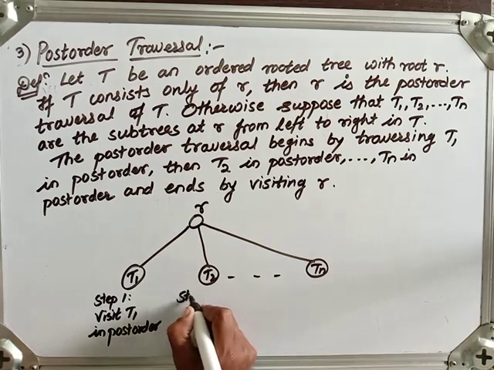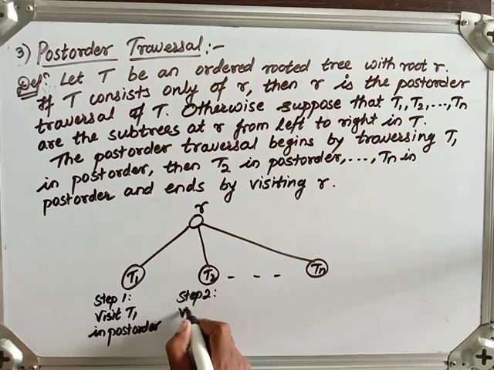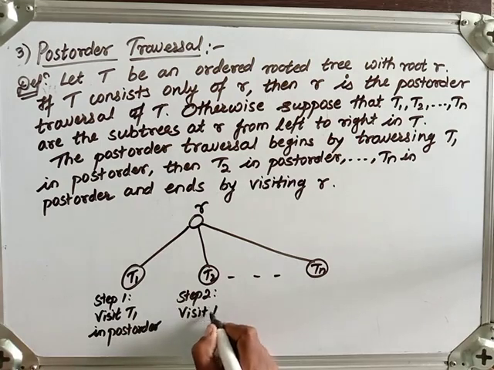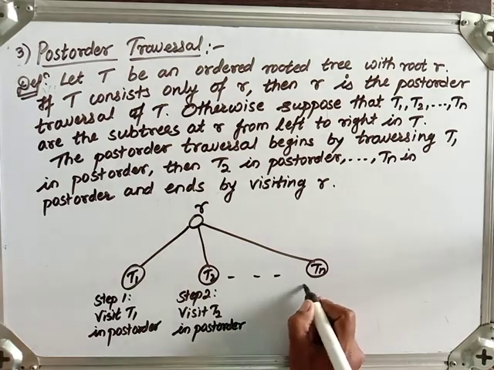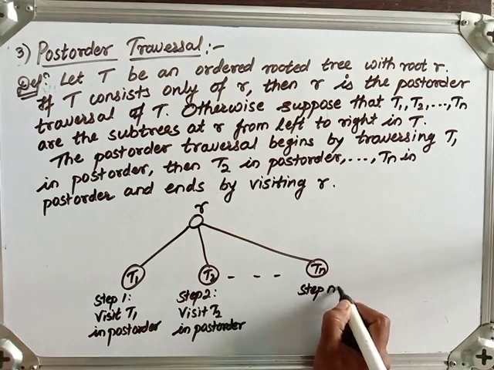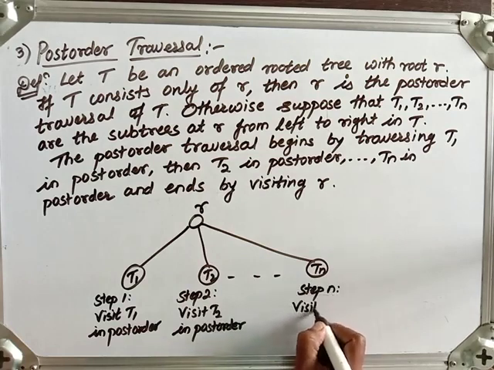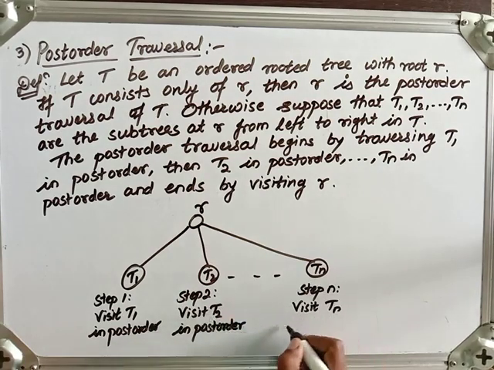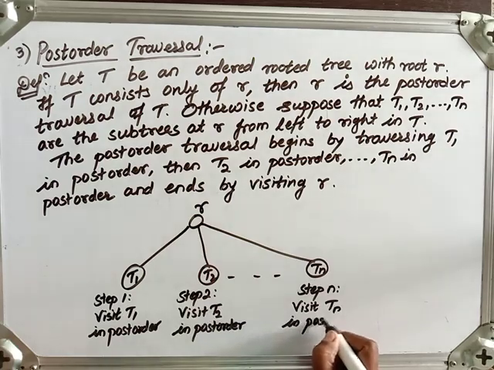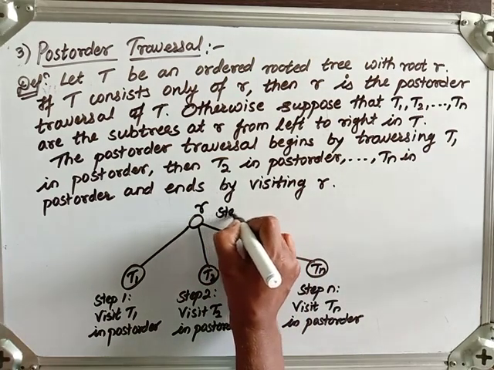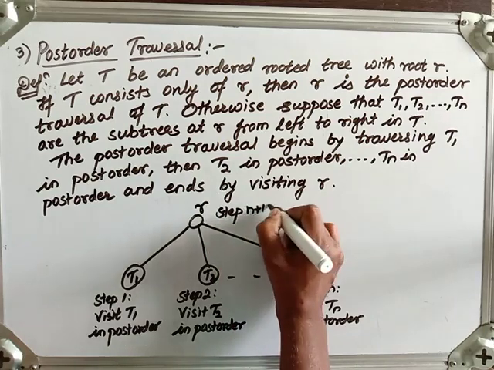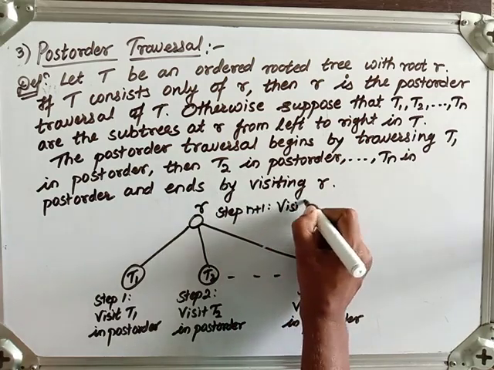Again step 2, visit T2 in post order. Then step n is visit Tn in post order. And at last we have to visit a root R. Step n plus 1 is to visit this R.